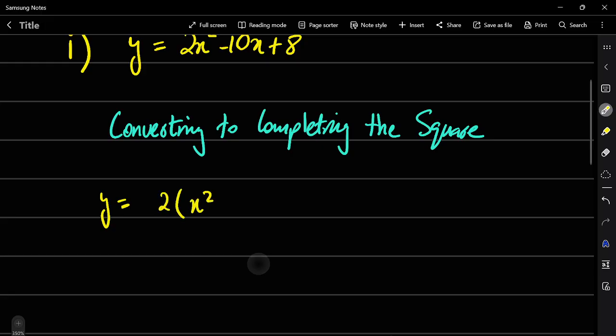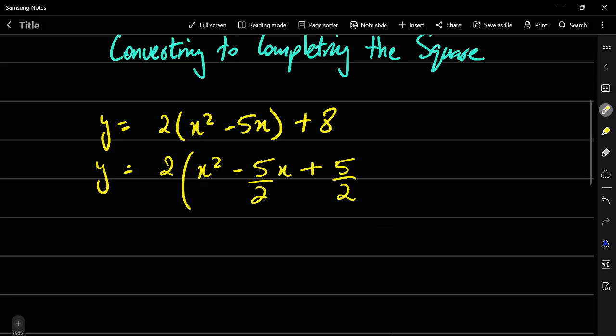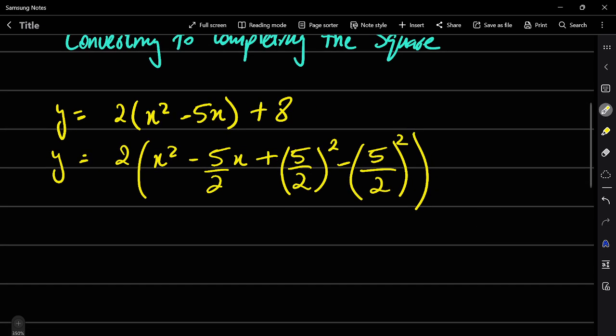So we're going to get something like this: x square minus 5x plus 8, and then you're going to divide the coefficient of the x term by 2, and then add that result's square, so 5 upon 2 square. And since we can't just add stuff out of nowhere, we have to subtract it as well. So I'm going to be adding this over here, minus 5 upon 2 whole squared plus 8.